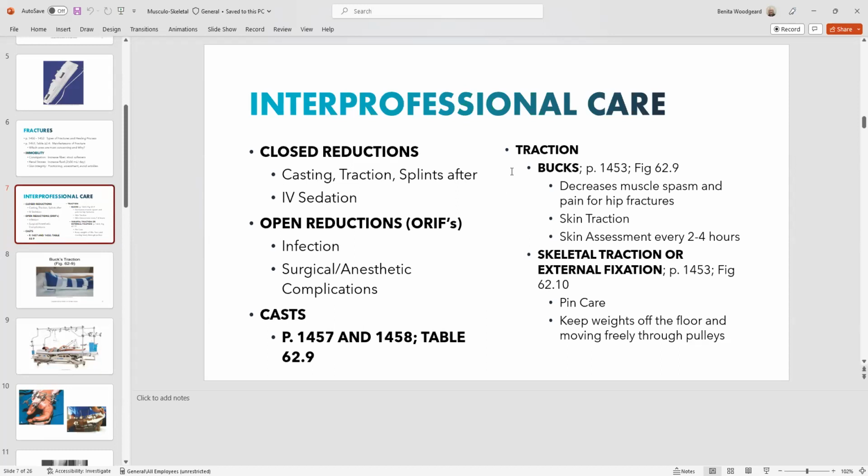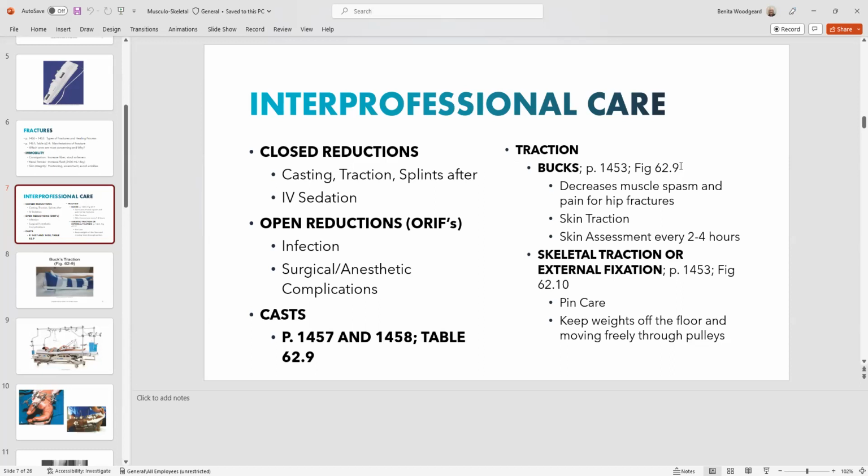Traction. There is skin traction. There is skeletal traction or external fixation traction. All right, so I want to make sure you guys understand that Buck's traction is a skin traction. There are pictures of these things in Saunders on 874, but these pages and figures here are from the Med-Surg book. When we have a hip fracture, we use Buck's traction. We wrap this device around their leg.